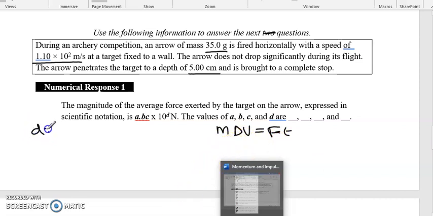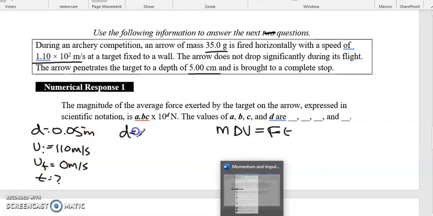The distance here is 0.05 meters, its initial velocity is 110 meters per second, and its final velocity is 0 meters per second, which means we're looking for the time. Going back to the old kinematics formula, d is equal to (vf plus vi) over 2 times t.